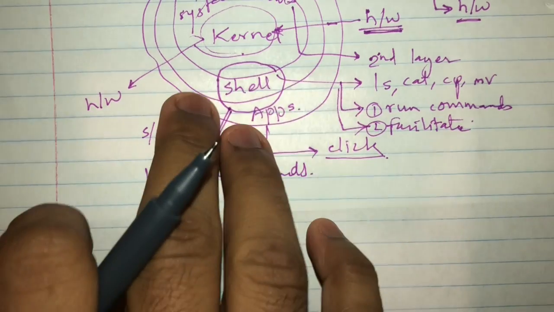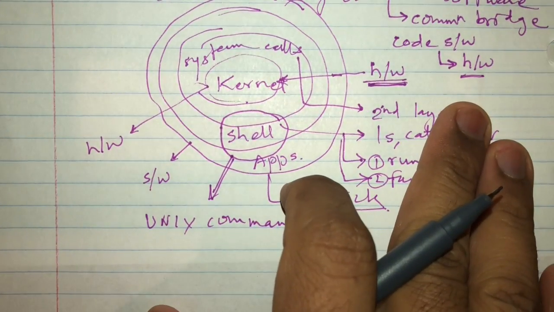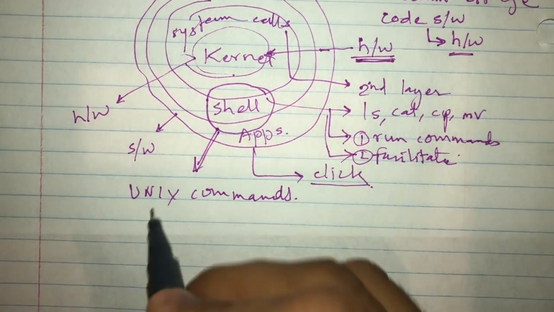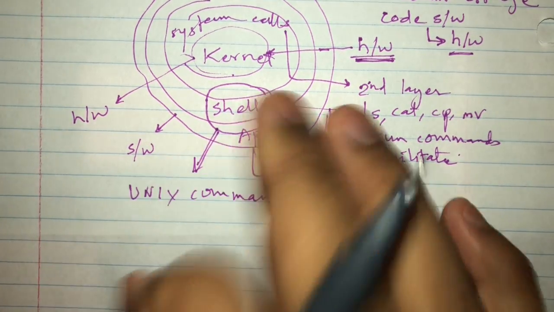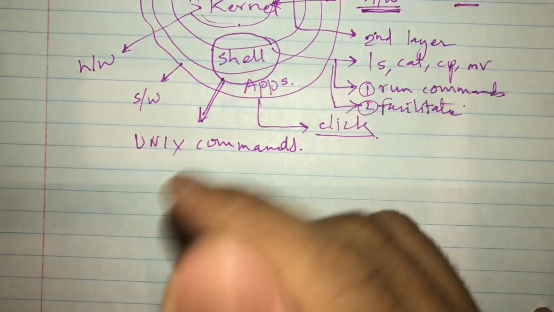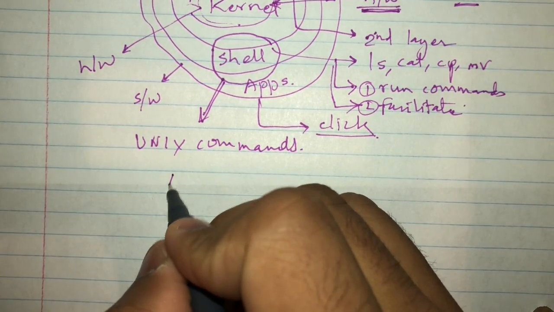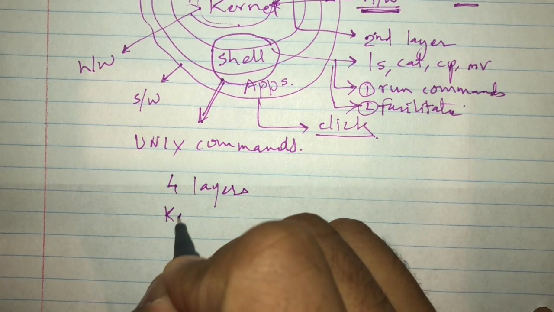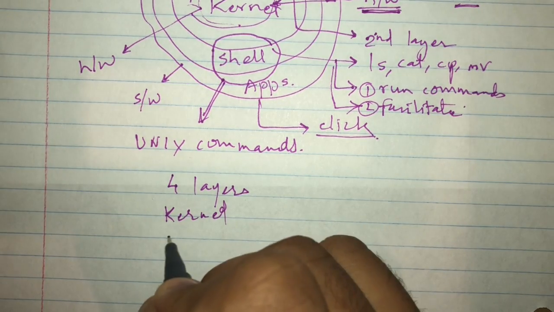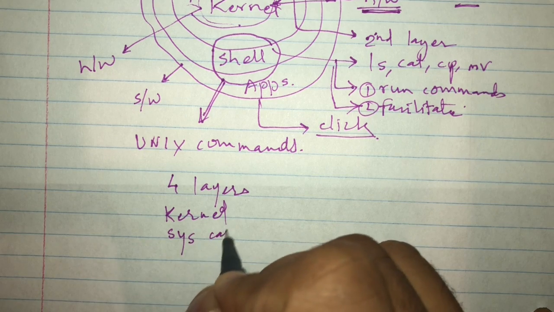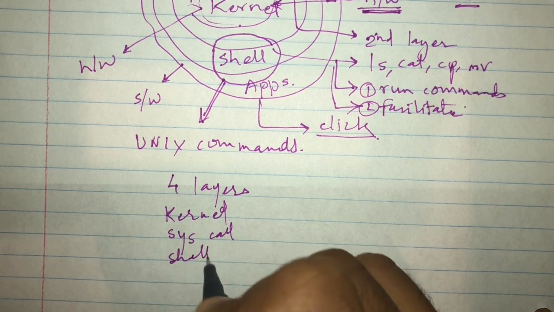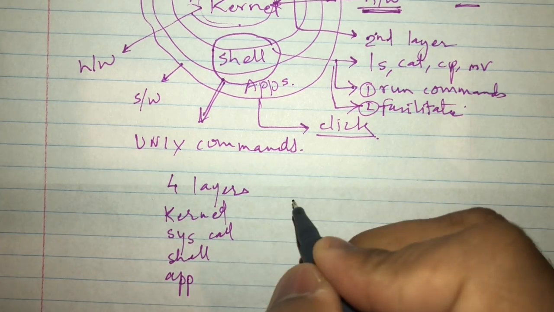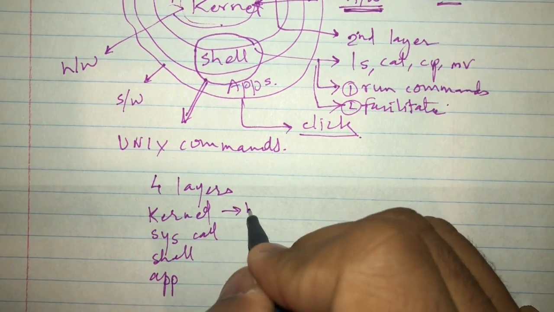I think we will stop here. I don't want to make too long a video, so we'll stop here with the Unix architecture. Before I close, we learned that it's a 4-layer architecture. Starting from the innermost, the layers are kernel, system calls, shell, and application programs. The kernel works directly with hardware.